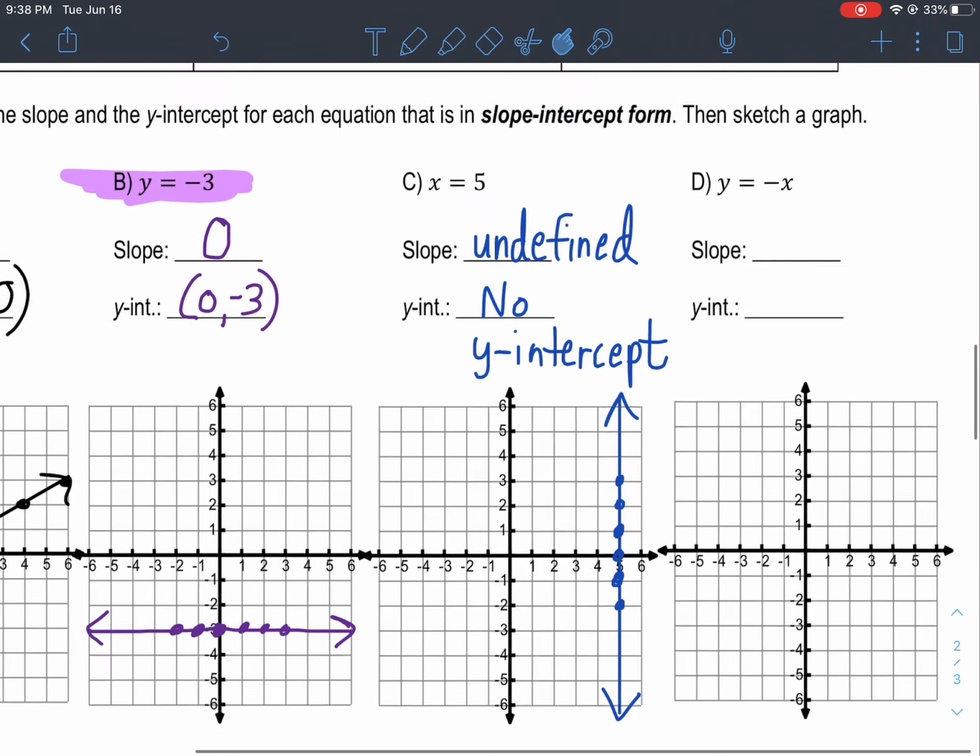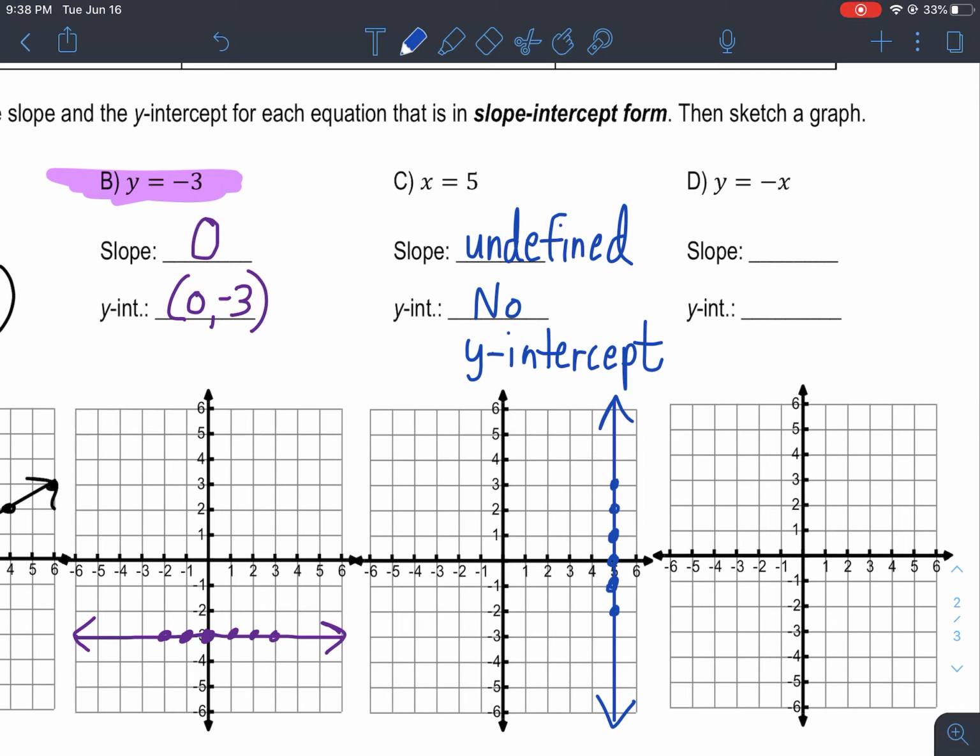And then our last one here, we have y equals negative x. So remember, the number in front of x is always the slope. So we see it's negative, and there's no number, so therefore it's an invisible 1. So it's negative 1. We don't see a y-intercept, so it must be 0.